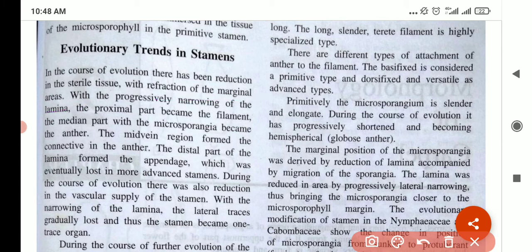Fine. Then with the progressive narrowing of the lamina, the proximal part became the filament and the median part became the anther. So easy. The behind part became filament and the top part became the anther. The mid-vein region formed the connective in the anther. Okay, very easy. Remember?